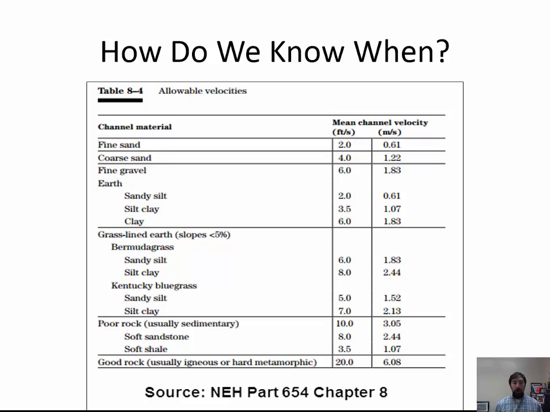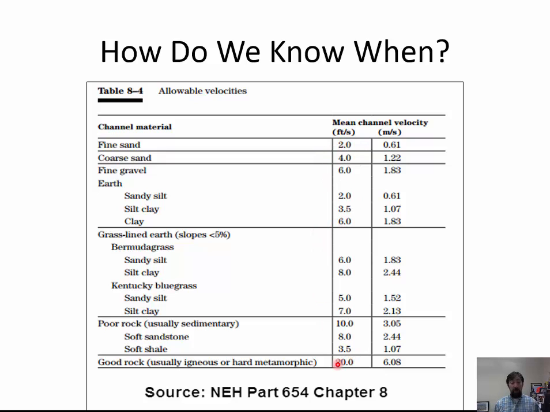In general, grass-lined channels, so grassed waterways, or rock waterways, can take pretty high velocities, right? But when we get into more natural landscapes, stream beds that have sand or gravels, these tend to get scoured out because culvert velocities tend to be greater than this 2 to 6 range.